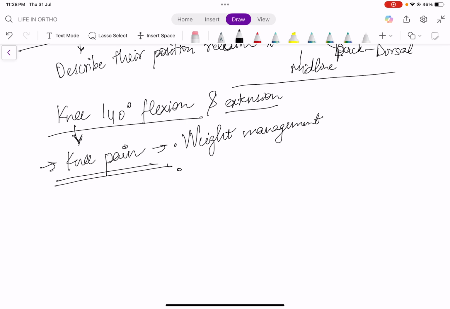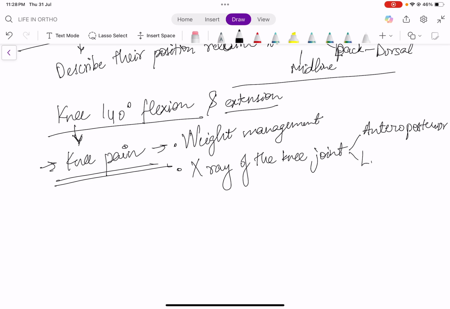Then secondly, advise them to get an X-ray done, an X-ray of the knee joint in anteroposterior view and lateral view.